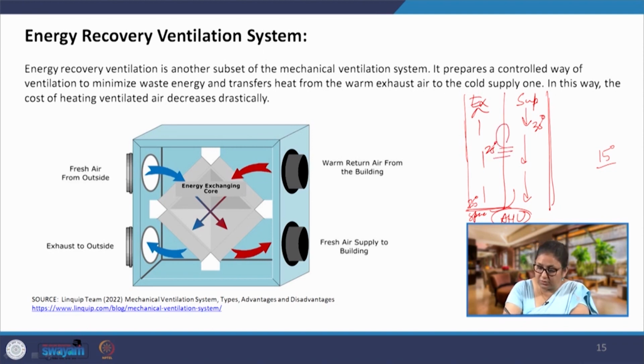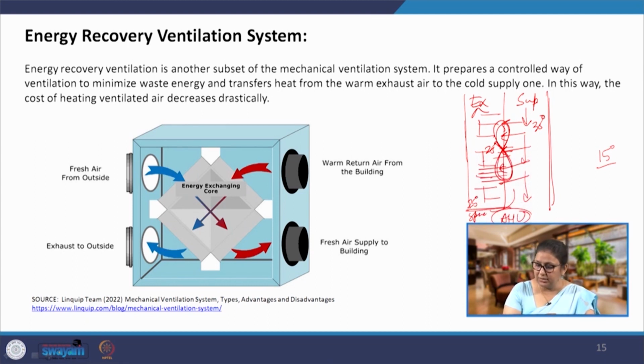So, what we will do is that we will have an energy recovery. The air is not mixing, but the heat from this cool air, which is the exhaust air, higher in carbon dioxide, will take the heat from this air which is at 35 degrees. So, while exhausting, the coolth of this is exchanged between the air, and this is what is energy recovery.